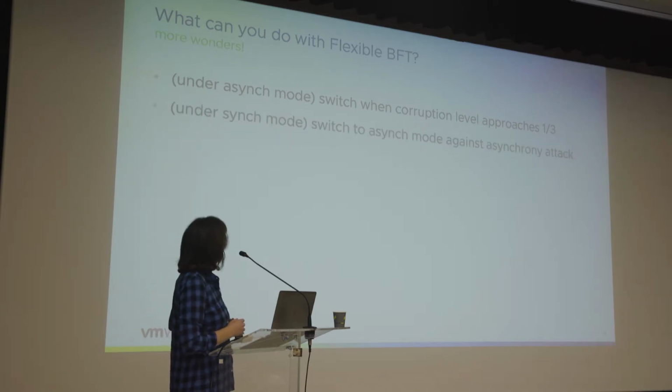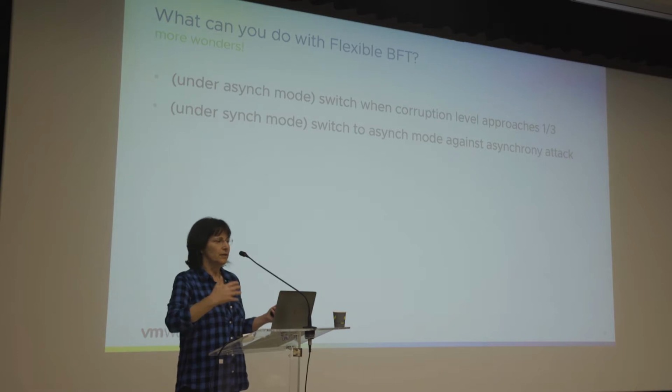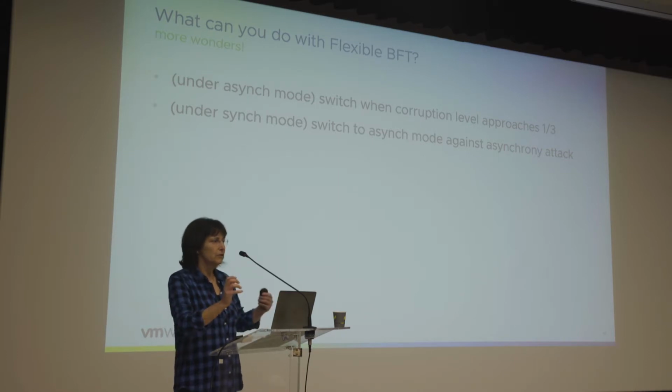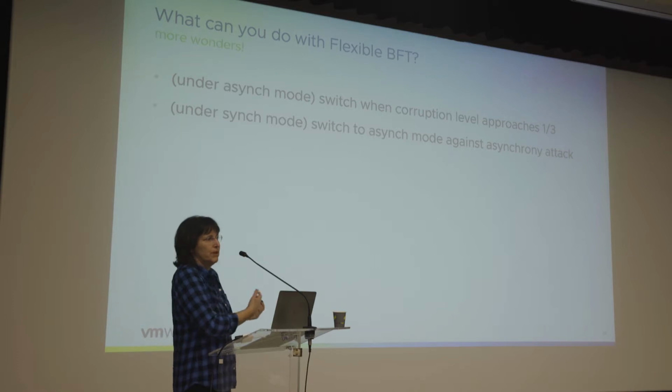This is under synchronous mode. In the synchronous mode, you could do the opposite. If you see that the communication in the system is approaching the bound that you seem to think is dangerous, you could switch back to asynchronous mode with the same solution, without reconfiguration, without relying on consensus itself to help you. The same system can just be observed differently.